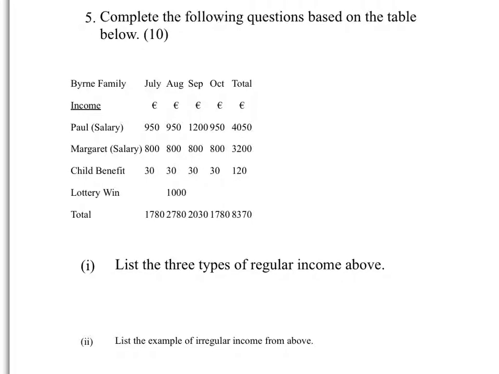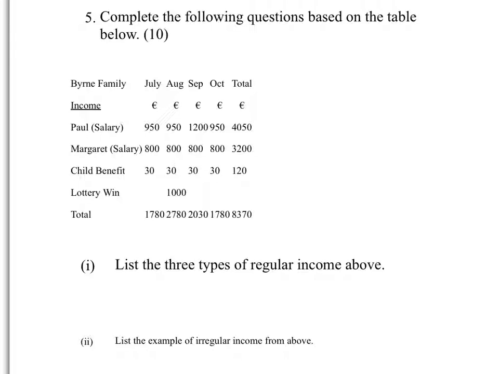Okay, so question 5 then asks you to complete the following question based on the table below. So 5I says, list the 3 types of regular income above. Well, regular means they receive it often. So can we see 3 types of income that they receive often?